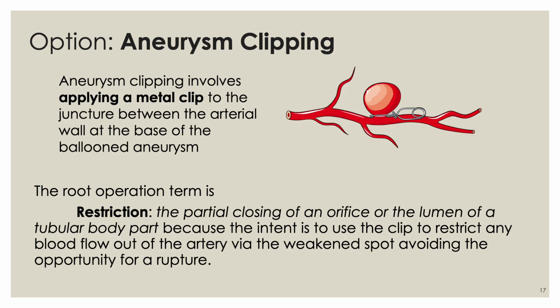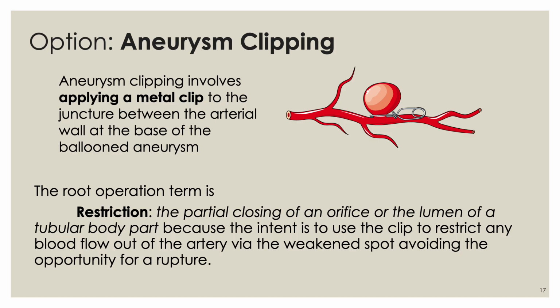And as you can see from the illustration, I swear that looks like a paper clip, but I don't think that would be sanitary. These are really specially made metal clips that are applied on the outside of the vessel, between the vessel and the balloon of the aneurysm.